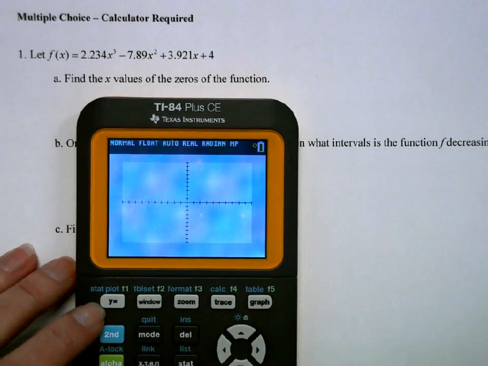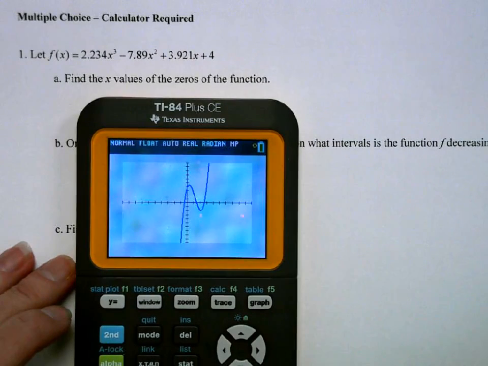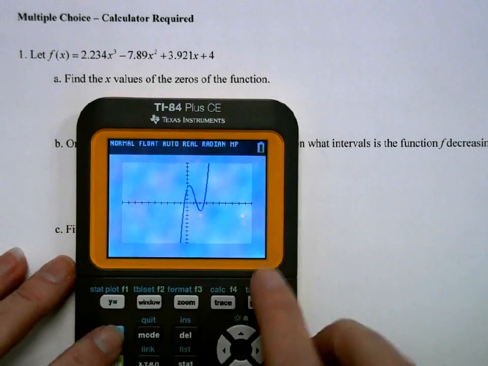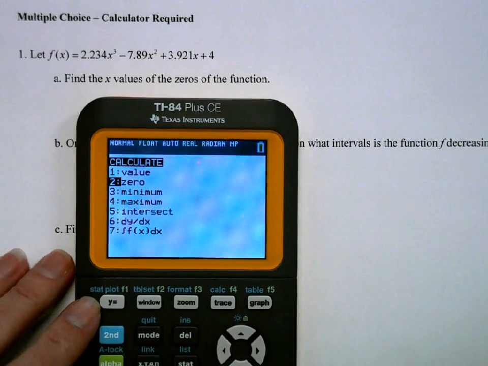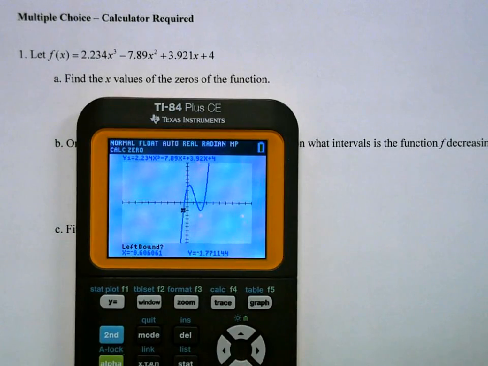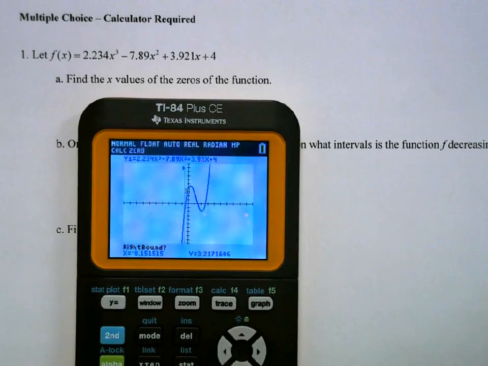So to calculate those, you go to calculate zero. Okay, so we're going to go below it, hit enter, go above it, hit enter, and then our guess. Okay, so our first one's at negative 0.484. So then we'll do the next one, calculate that zero.